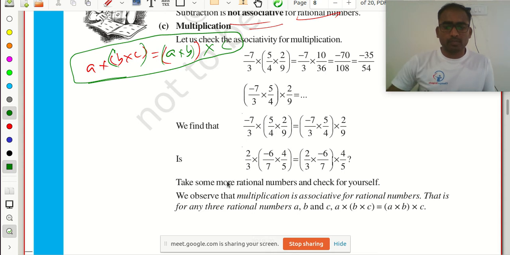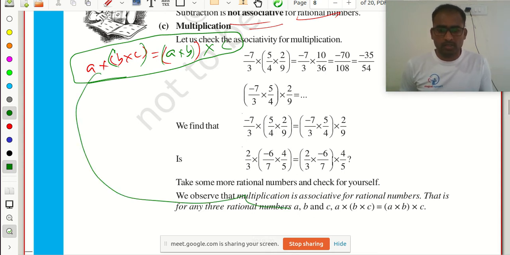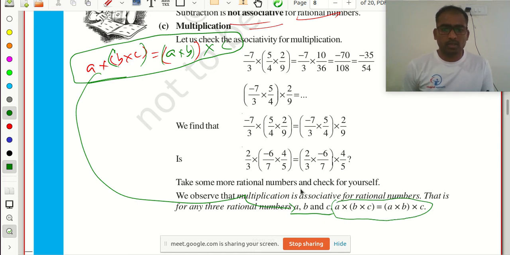Then, same as what I wrote here, for any rational numbers a, b and c, if this satisfies (a into b) into c is equal to a into (b into c). Now you can check through this example also. I am getting the result of this one as minus 35 by 54.